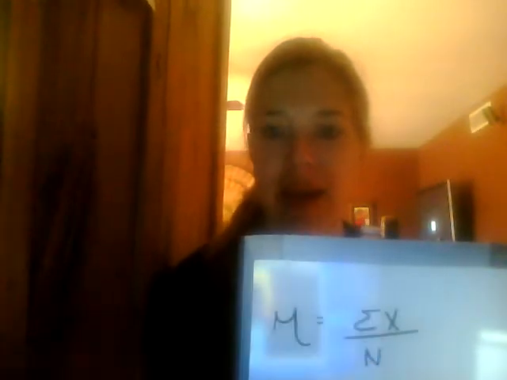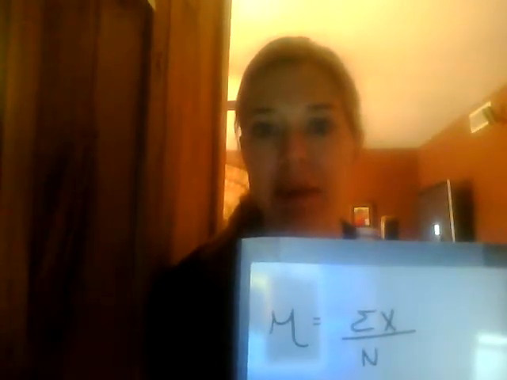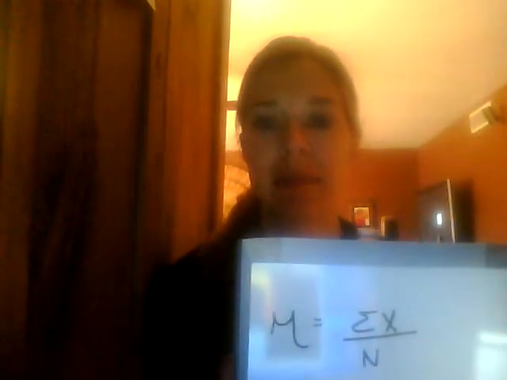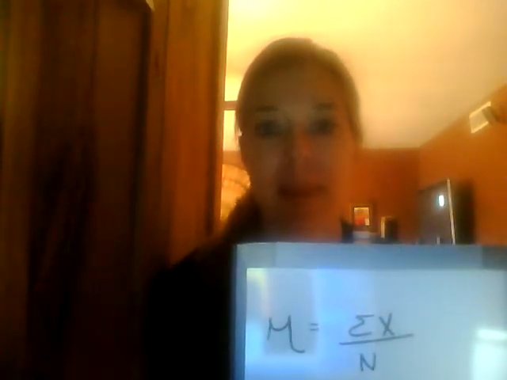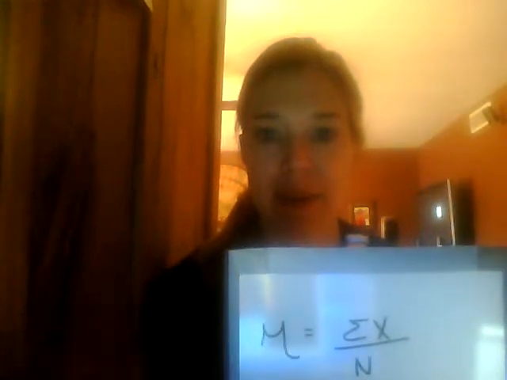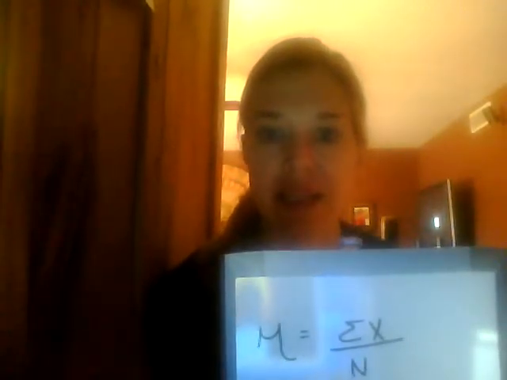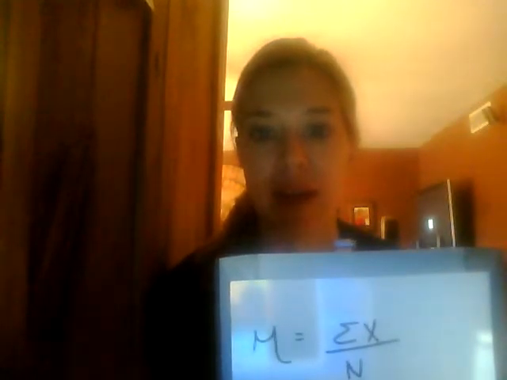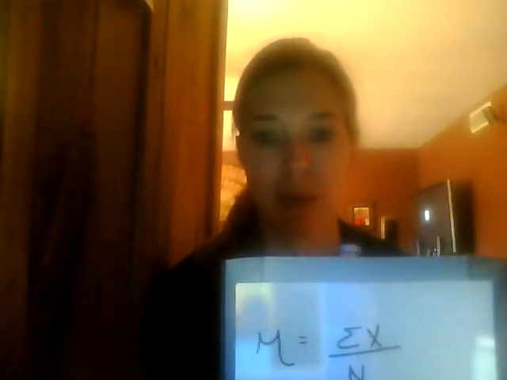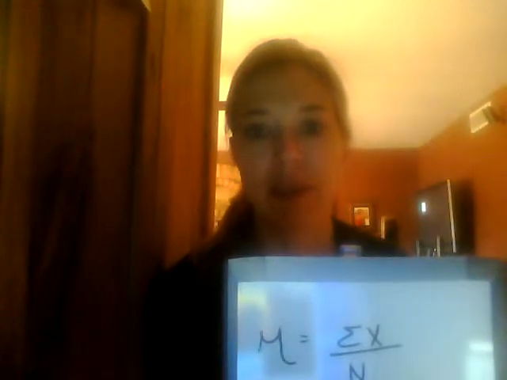Now x is simply all of the items in the population, or that raw data, divided by a capital N. It's a capital N because we're dealing with population. N, capital, population; n, lowercase, sample. So sum up all of the items and divide by the number of items to get yourself mu, the Greek letter that we used as a variable for population mean.